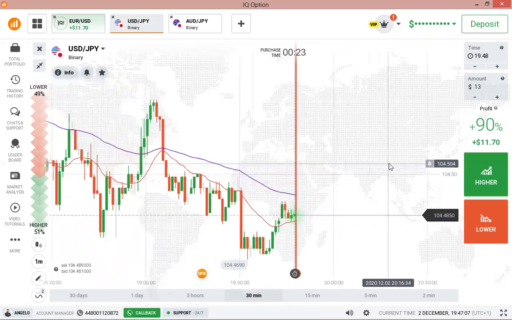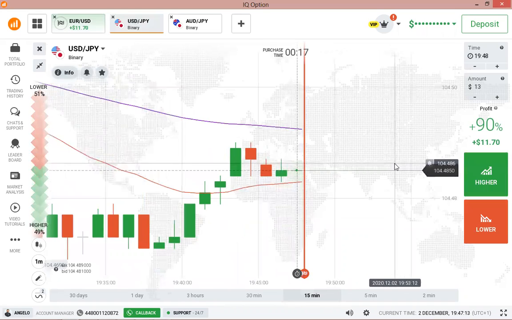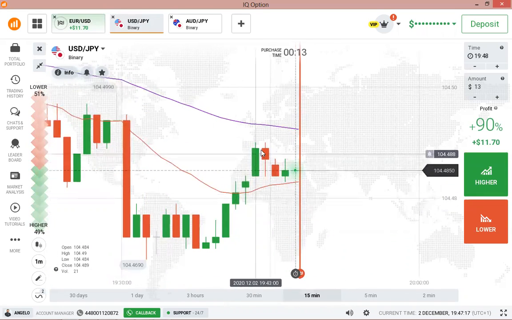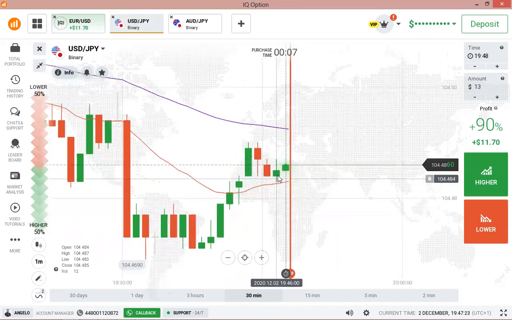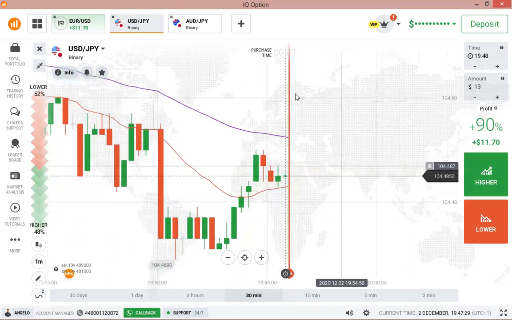Okay, so here you see that the market did not reverse, and later it reverses, and again we see the buyers' entry. So I'll place my trade on the next candle, because I don't want to enter the wrong trade here.